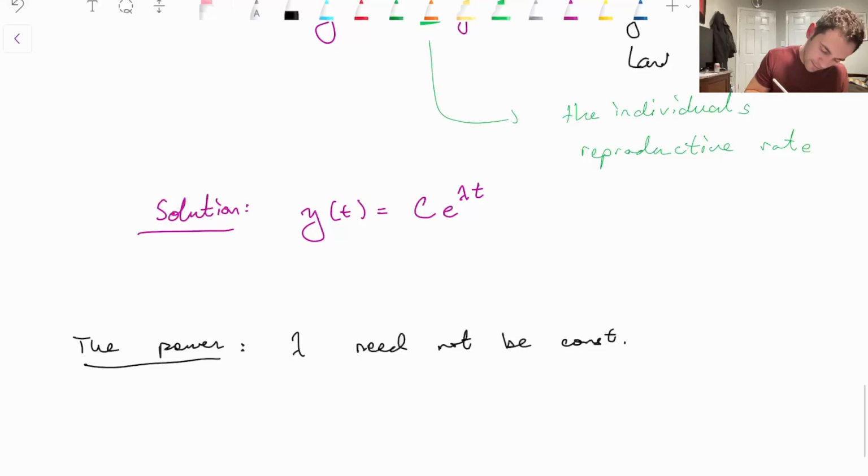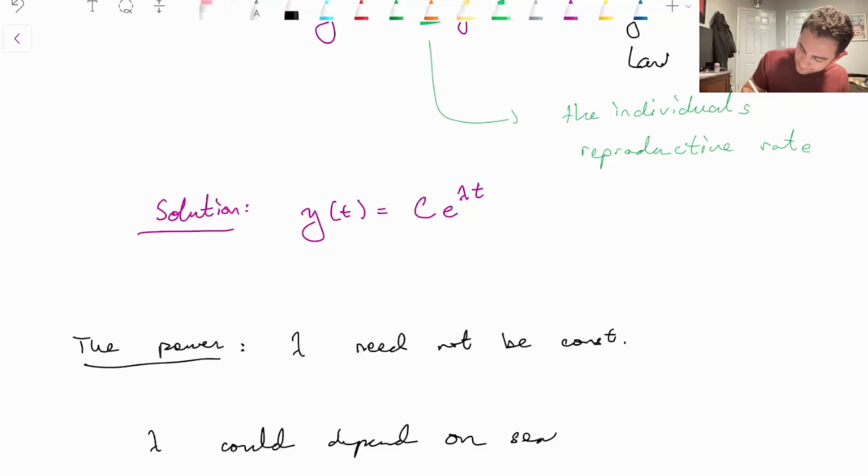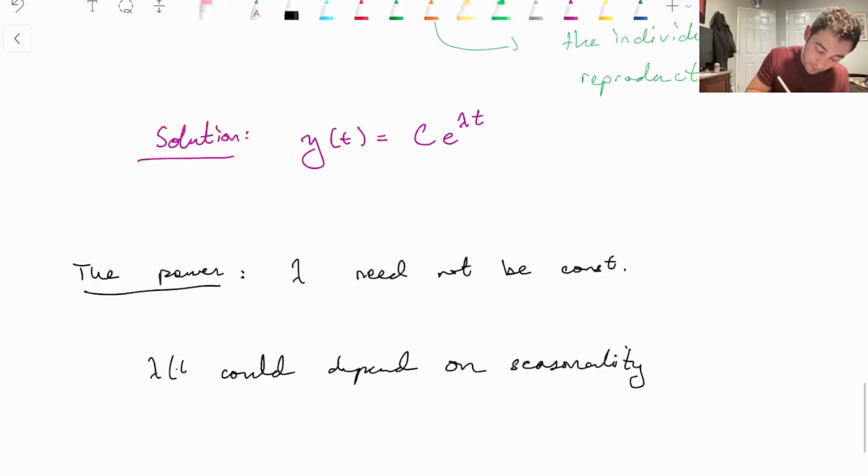So for instance, I can imagine that lambda could depend on seasonality. I can imagine that lambda of t could be a function itself of time. The individual reproductive rate could depend on time.